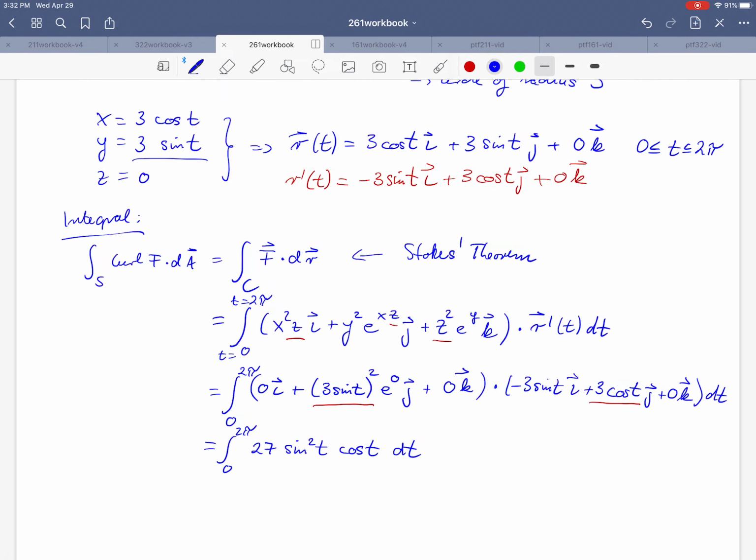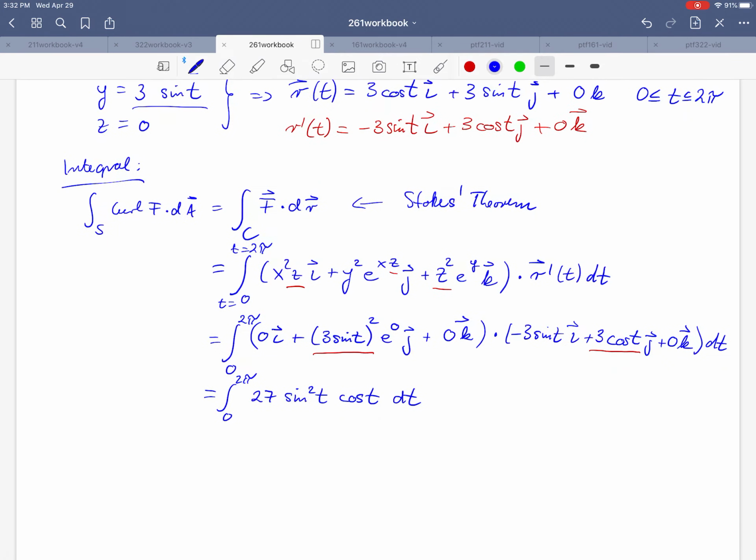Okay, now we could do a U-substitution, and I leave it to you to do the details right here, but you could let u be equal to sine t, and then when you go through with the U-substitution, you end up with 9 sine cubed of t. And we need to plug in 0 and 2 pi, but I leave the details up to you.